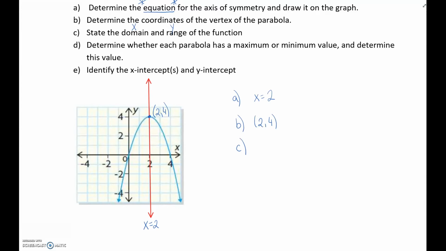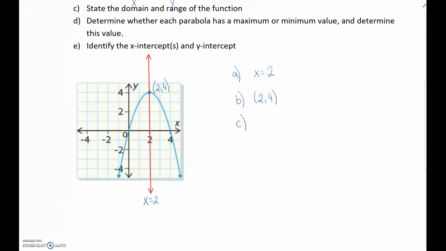So let's take a look at the domain and range here. So recognize, again, when we're looking at our parabola, the parabola is not going straight down, it's going down and out, right? On both sides here. So it's going down, but it's going out as well. So that's going to continue on forever and ever, not only down, but out.